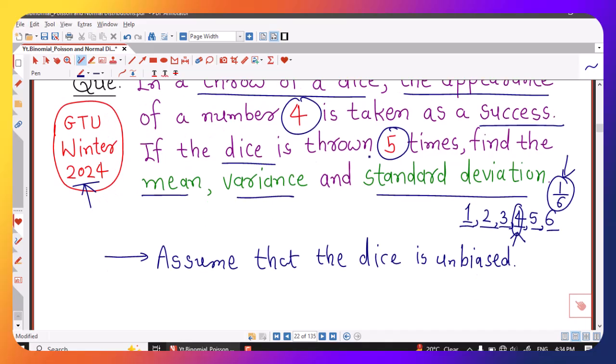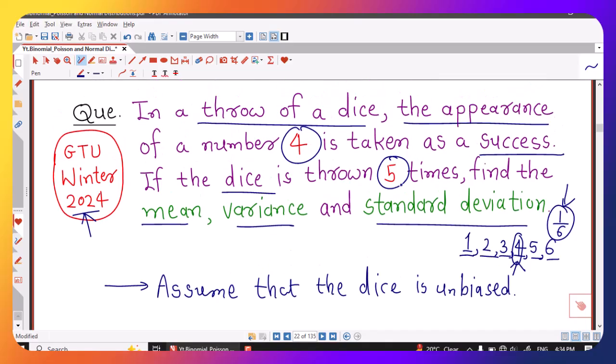They are throwing the dice 5 times, and in each trial we consider throwing of a dice as a trial. So there are total 5 trials, and in each trial they are interested in the appearance of number 4.